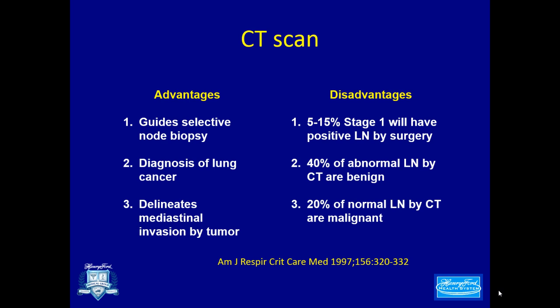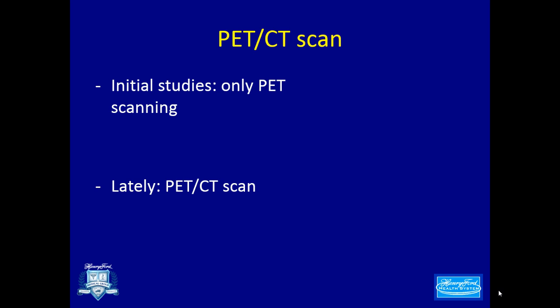The disadvantage is that still 15% or up to 50% of stage 1 will have lymph nodes. A stage 1B seen on a CT scan will still have positive lymph nodes in surgery. And 40% of abnormal lymph nodes by CT scan are still benign. So it doesn't really give you a diagnosis. It's not that specific.